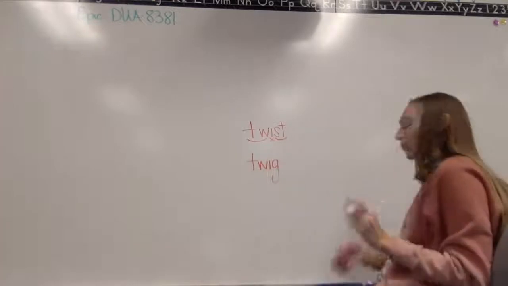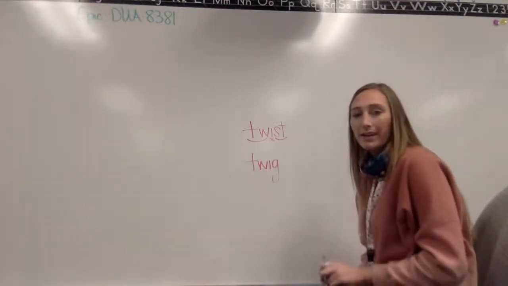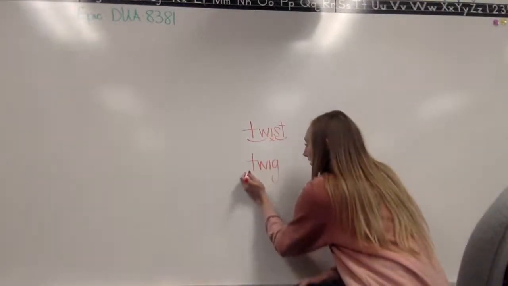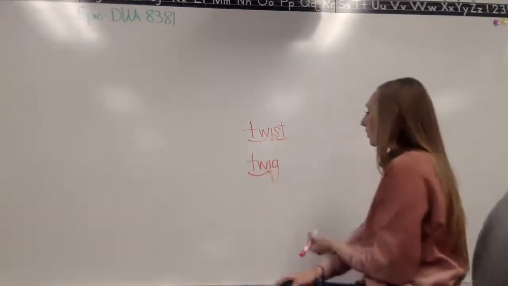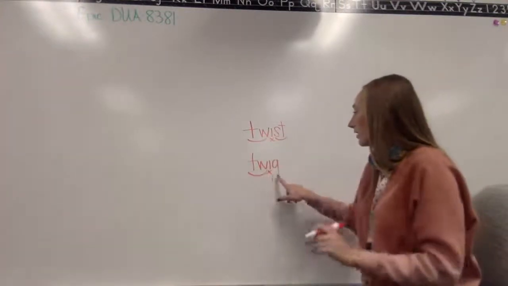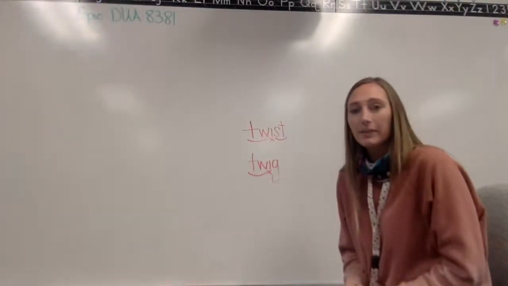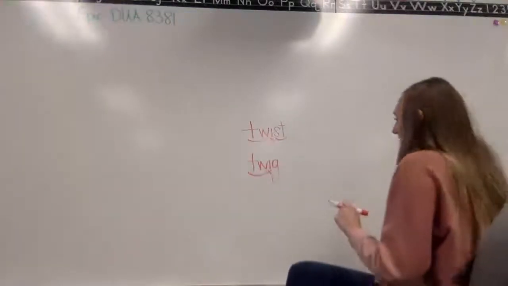Try and pronounce this word. Twig. So my blend, I need an arc. I need an X under my vowel. Twig. Twig. Is this nonsense or real? It's a real word. There are twigs outside.